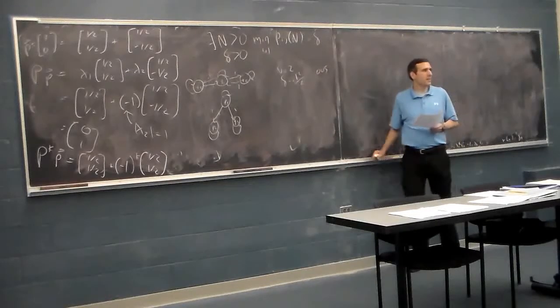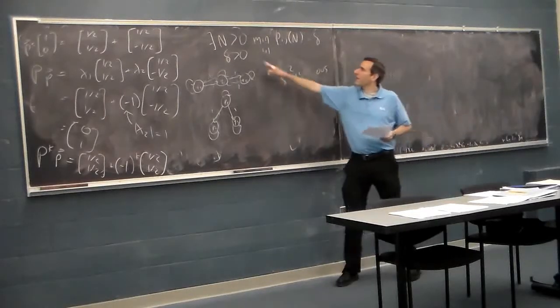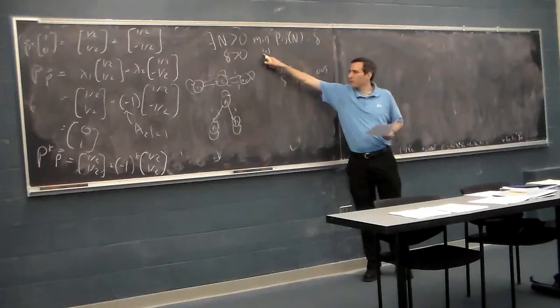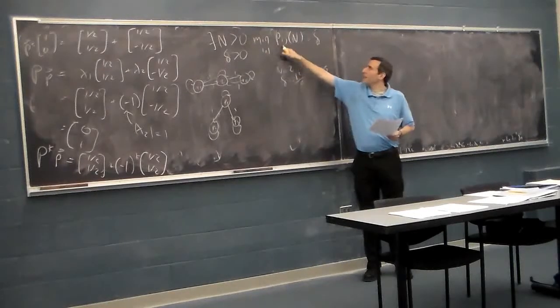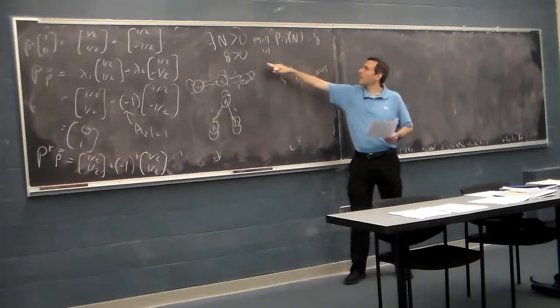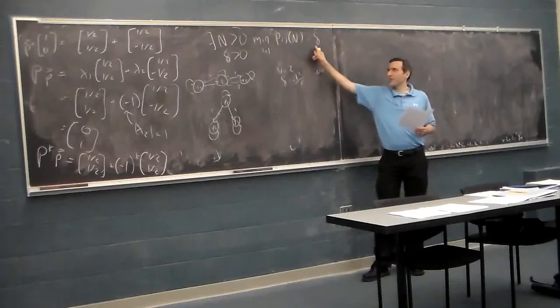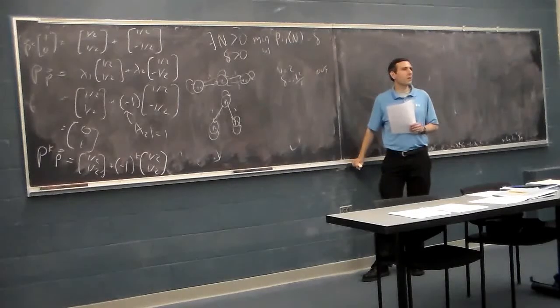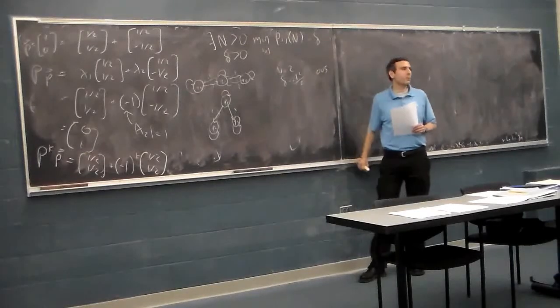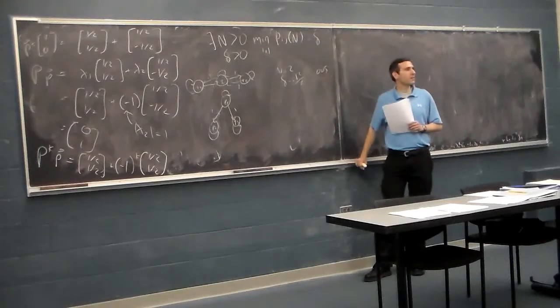Yeah, so no matter what n we pick, we can always say i equals 2, j equals 3, and then p_ij for any n is 0, so we can't pick a delta greater than 0 for which this is true. This is always 0 for i equals 2, j equals 3, no matter what n we pick. So everyone follow that?